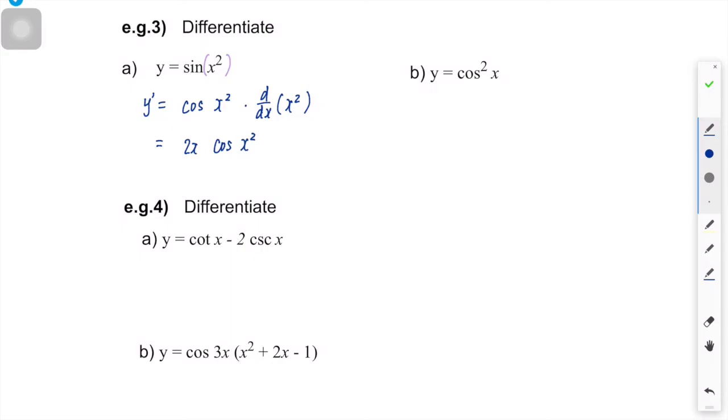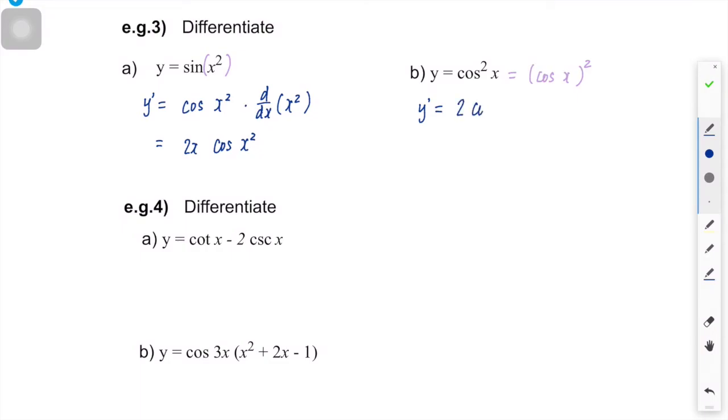The difference between part A and part B of example 3 is the position of where the square is written. In part B, we are looking at y equals cos square x. If we recall, what this means is that we have cosine x to the power of 2. This changes how we differentiate this function, because now y prime begins with using the power rule in taking derivatives.